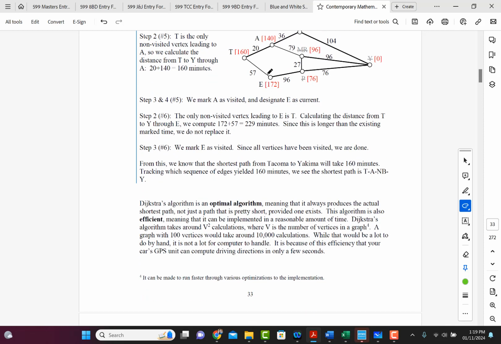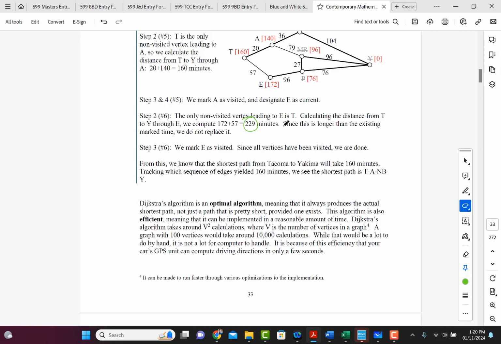So now we're on E. Calculating the distance from T to Y going through E, we do 57 plus 172, which gives us 229 minutes.